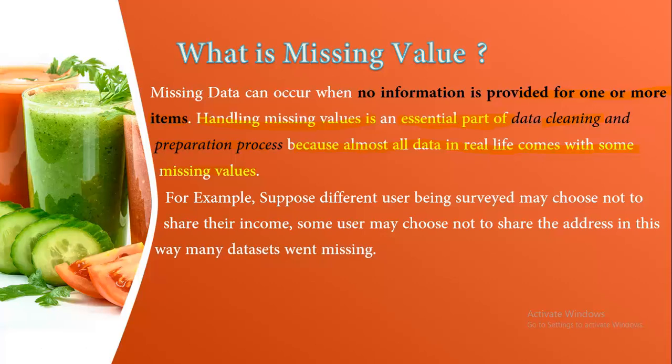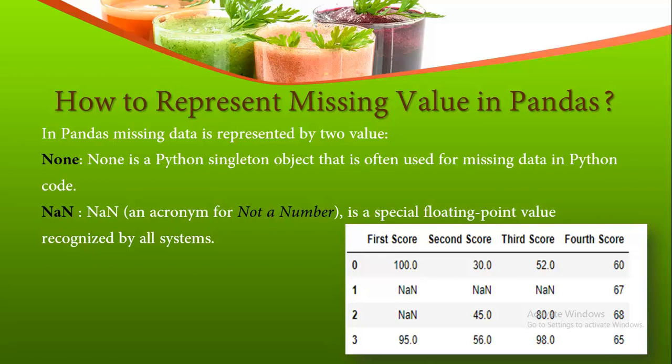Now the question arises, how to represent missing value in pandas. We have two options to represent the missing value in pandas. First is None and second is NaN. Here I will give priority to NaN.